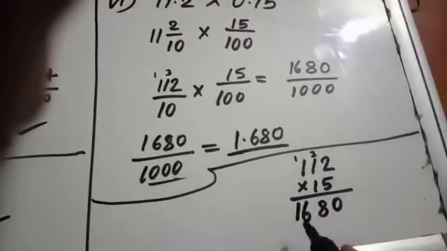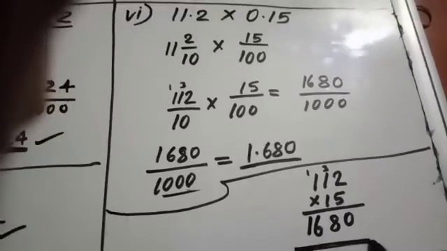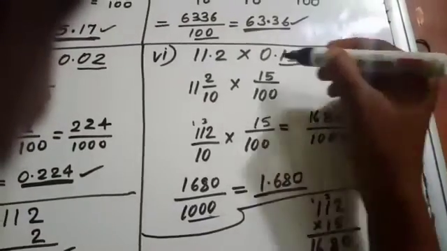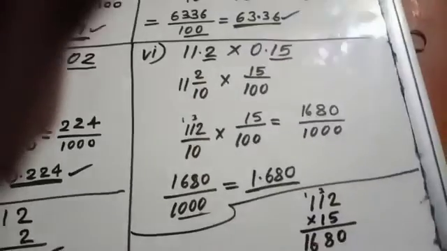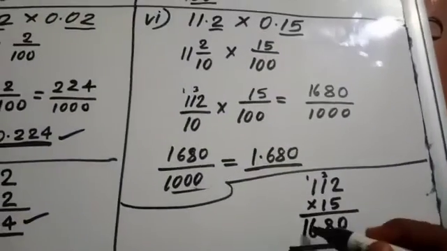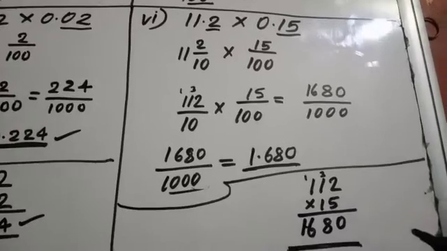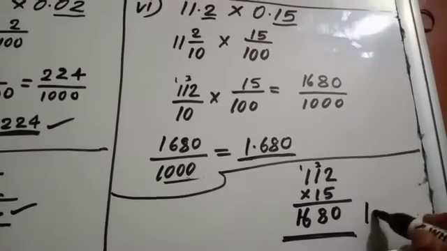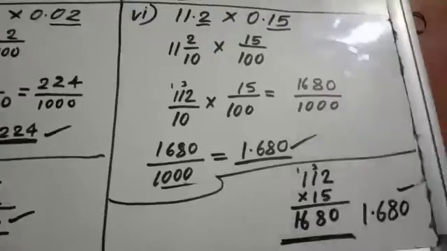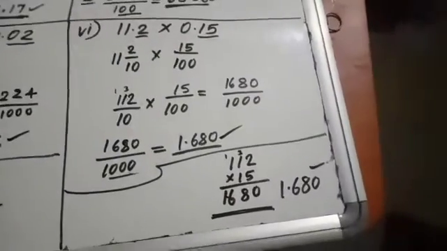Now we have got the same answer, but in the question there are 2 decimal places and 1 decimal place. There are a total of 3 decimal places. So we have to leave 3 places and put the decimal point. So the answer is 1.680. Both the answers we have got are the same.